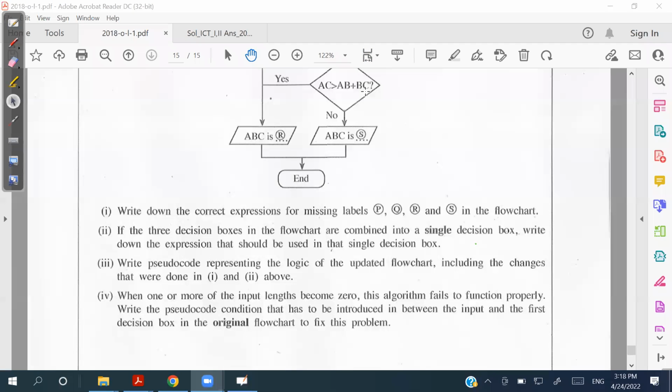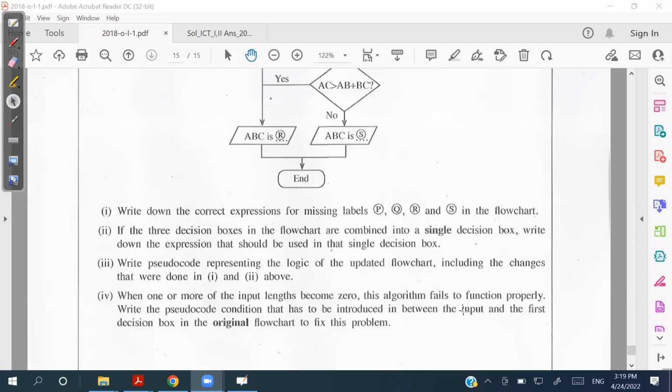All right, so the 4th part is asking, when 1 or more of the input lengths becomes 0, this algorithm fails to function properly. Write a pseudocode condition that has to be introduced in between the inputs and the first decision box in the original flowchart to fix this problem.